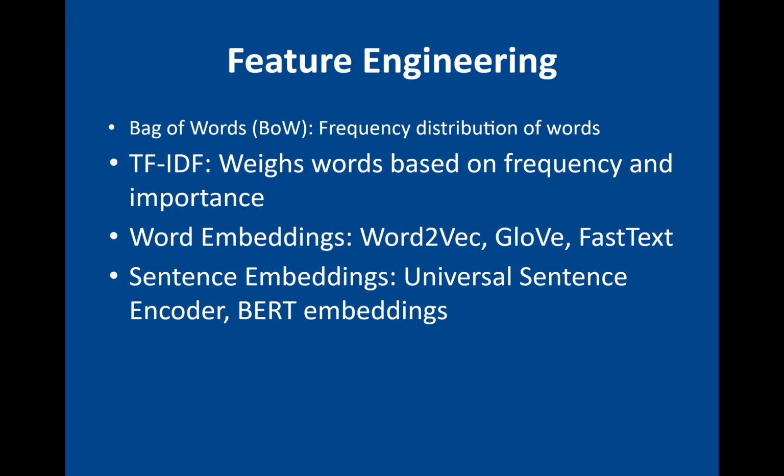GloVe builds word vectors based on global word co-occurrence statistics. Then there is FastText, which extends Word2Vec by considering subword information. Then there are sentence embeddings, which encode an entire sentence into fixed-length vectors, with examples like Universal Sentence Encoder or BERT embeddings.